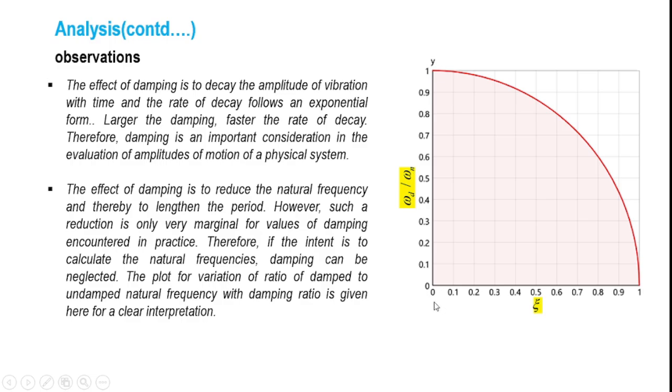Now look here, obviously we know that when c equal to 0, our system is undamped. Accordingly, omega d by omega n will be 1. Now as we increase the damping ratio, obviously we find that the ratio of omega d to omega n decreases. Obviously, because when the damping increases, the natural frequency should decrease.